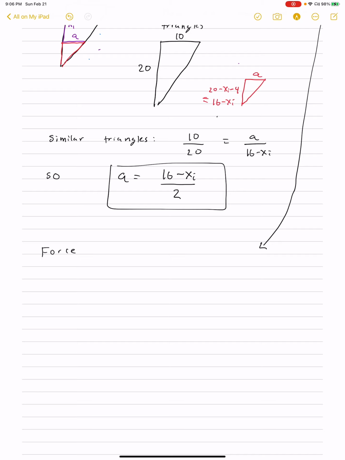So force is going to be equal to this limit as n goes to infinity of the summation from i equals 1 to n.